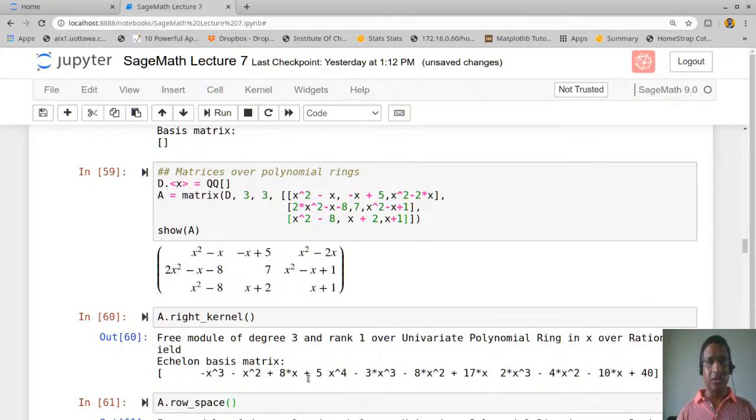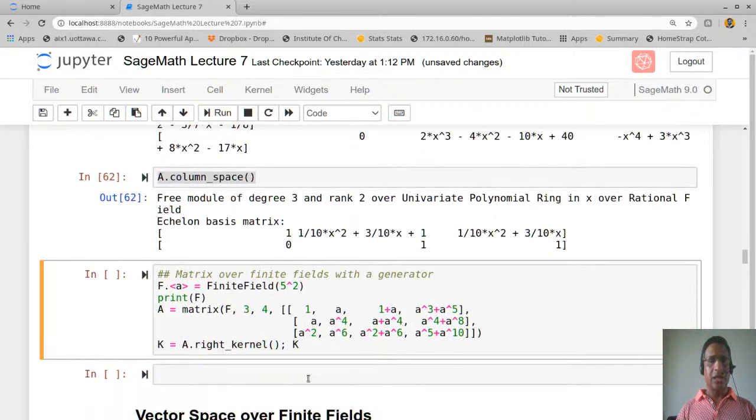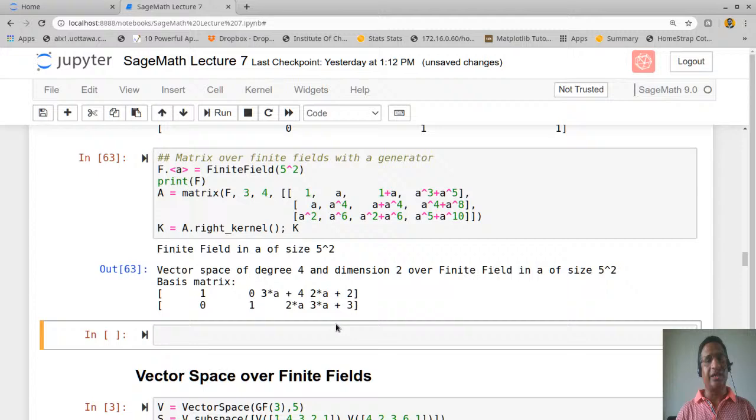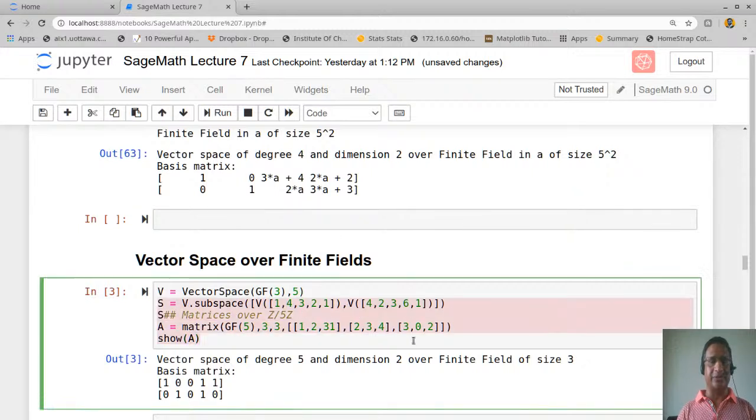You can go even much beyond this. Okay. Right. You can even define a matrix over a finite field with a given generator. So suppose this generator is A, and we want the finite field of size 5 squared, and then you can define a matrix over this and find all these again, row space, column space, etc. Not only that, you can define a vector space over a finite field as well.